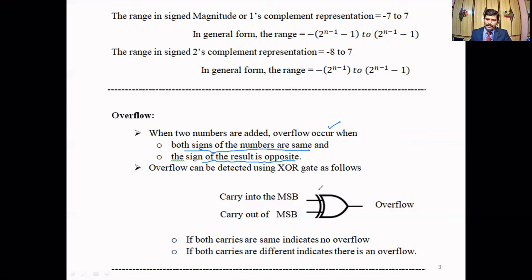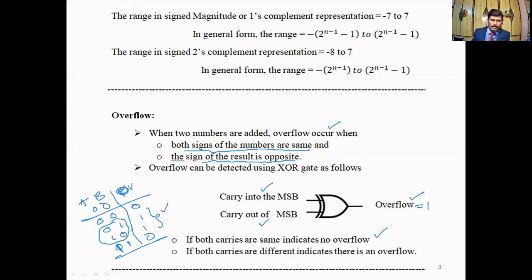How we can detect that one? Take the carry into the MSB and the carry out of the MSB. If you give them to an XOR gate and the output is 1, then overflow is detected. Otherwise there is no overflow. If both carries are same, it indicates no overflow. If both carries are different, it indicates there is an overflow.